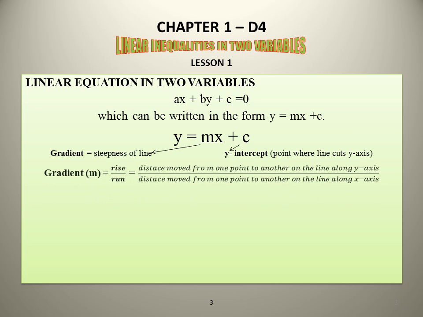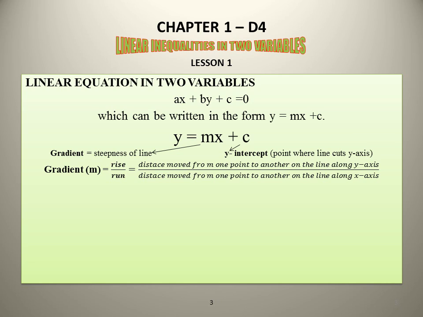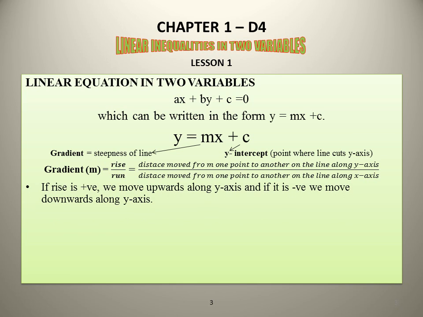Gradient m is defined as rise over run. Rise is the distance moved from one point to another on the line along y-axis, and run is the distance moved from one point to another on the line along x-axis. M can be positive or negative.